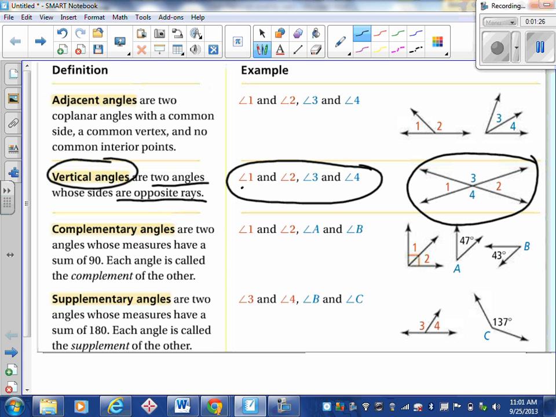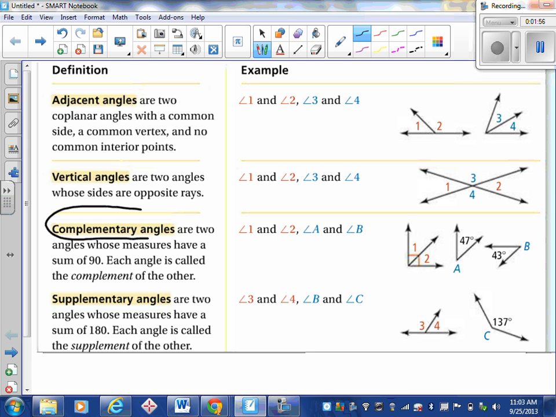Angle 1's over here, angle 2's over here. They are opposite from each other. Those are opposite angles, as well as angle 3 and angle 4. Angle 3 is right here, angle 4 is right there. They are opposite angles, so they are vertical angles.